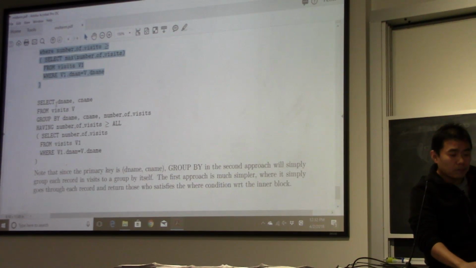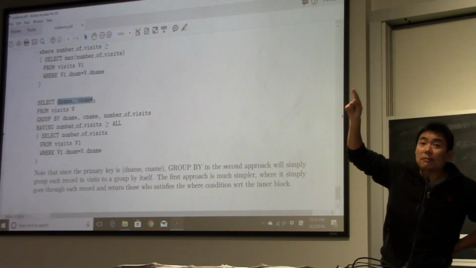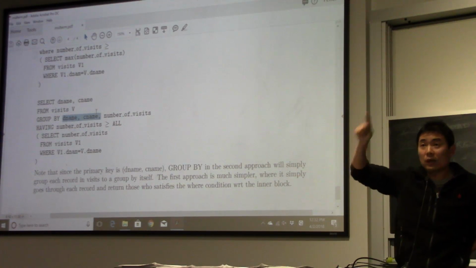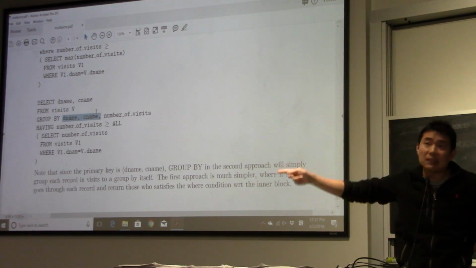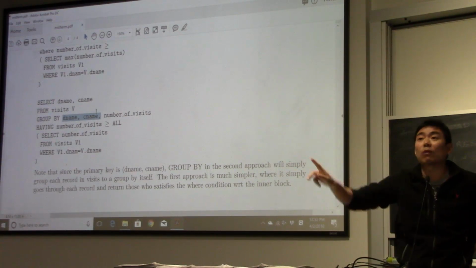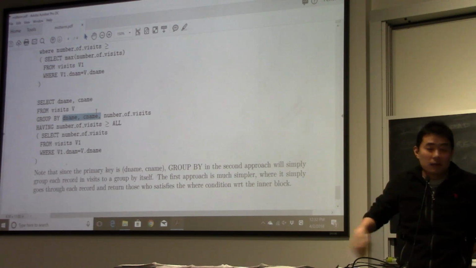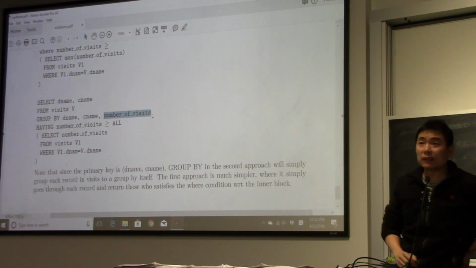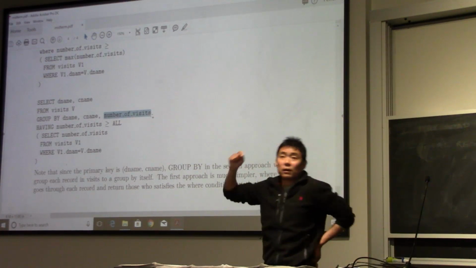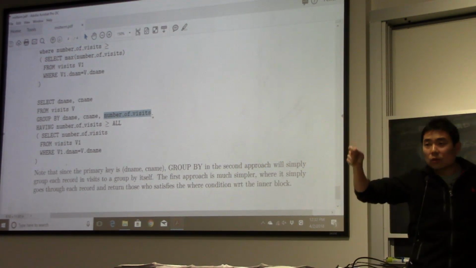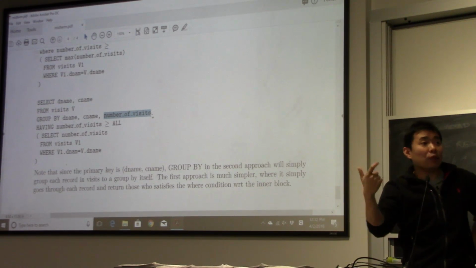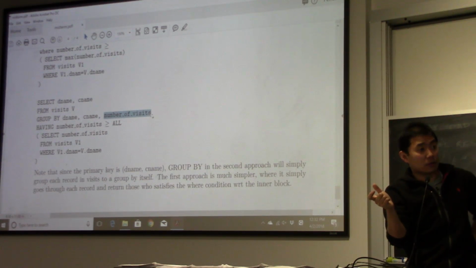First of all, because you are projecting out D name and C name, you need to group by D name and C name. You cannot just group by D name or group by C name. Either of those is completely wrong, by the way. For technical purposes, I also group by number of visits. The reason is, in order for any attribute to be used by your projection list or by your having clause in a group by, it has to appear as part of your grouping attributes.